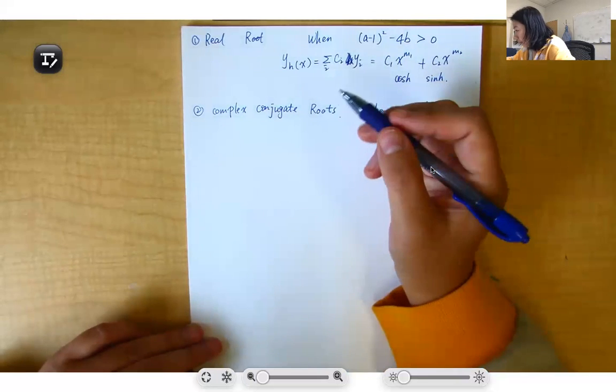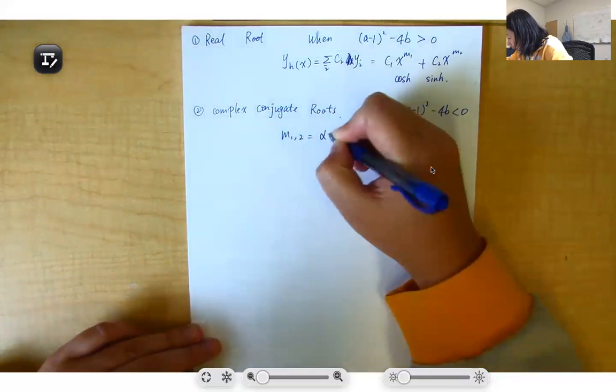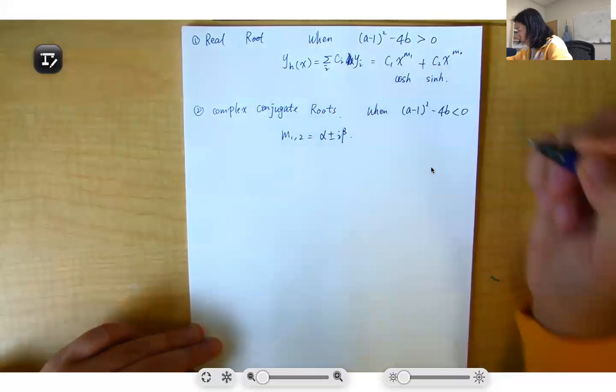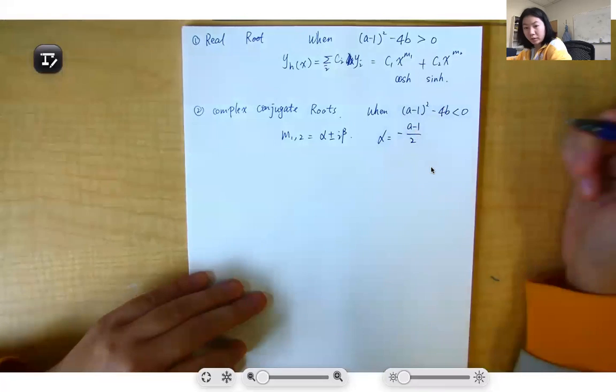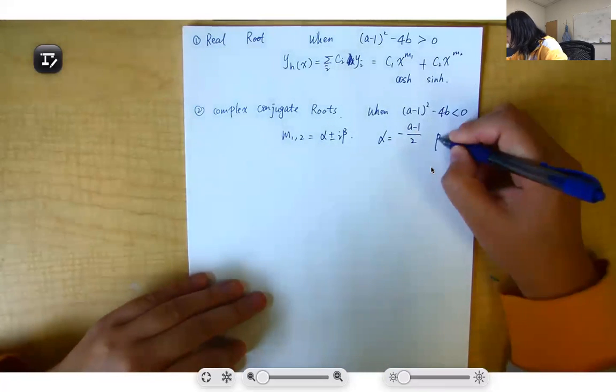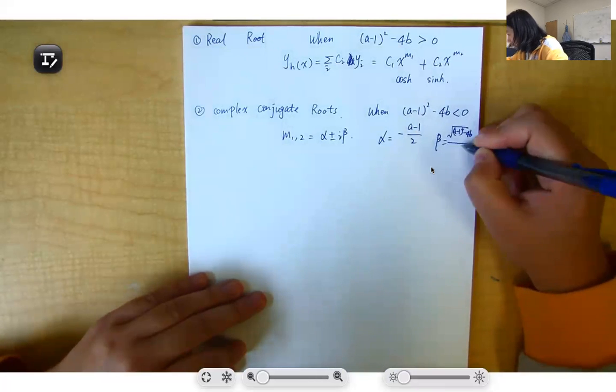And you can rewrite your m1, 2 as a complex conjugate, where your alpha equals minus (a minus 1) divided by 2, that is a real number. Beta will be an imaginary number because you are taking the root of a negative number divided by 2.